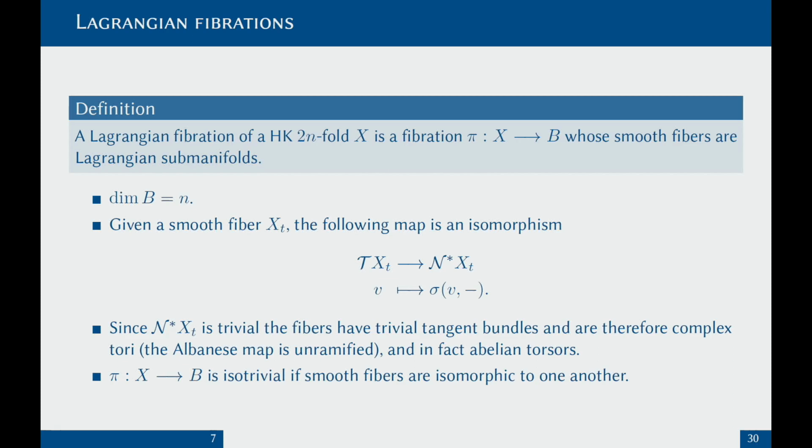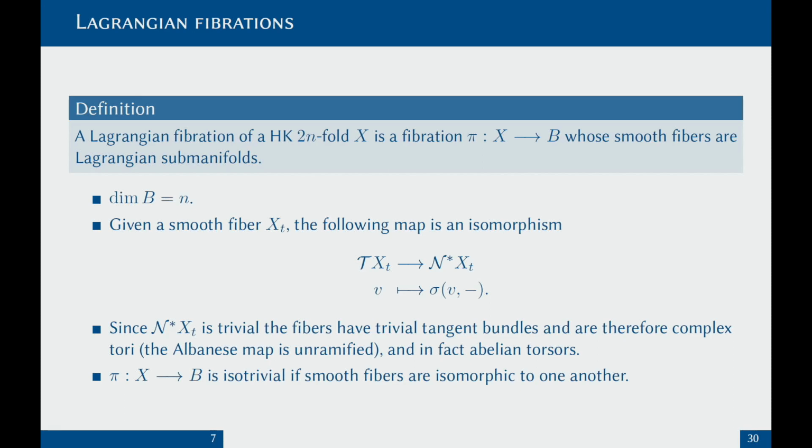And moreover, since we have this holomorphic symplectic form, we can write down an isomorphism between the tangent bundle of the smooth fibers and the conormal bundle of the smooth fibers. But this is a fibration, so the conormal bundle, the dual of the normal bundle, is trivial, and so the tangent bundle as well is going to be trivial.